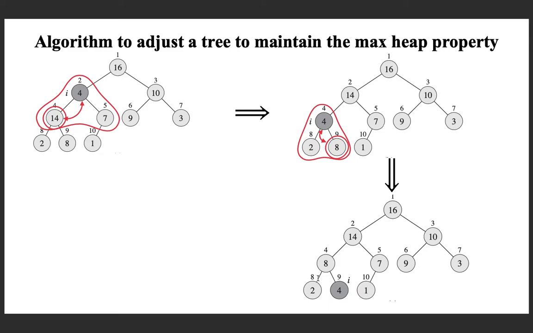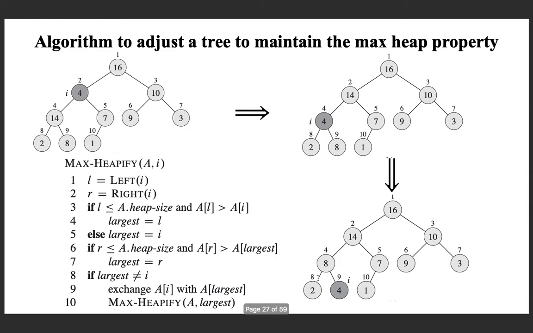If you write this as an algorithm, it looks like this. This is the name. It takes the array representing the tree and an index I, and it assumes that you have just modified the value of that node, and that is why it demands you to adjust the elements so that it continues to be a max heap.